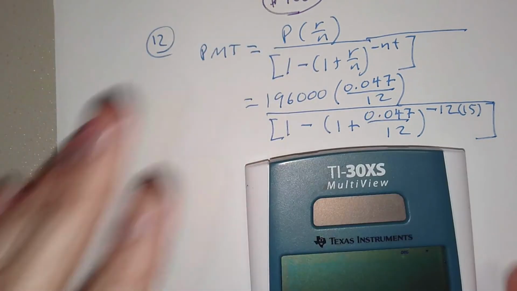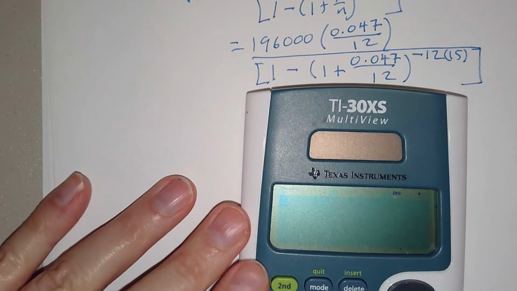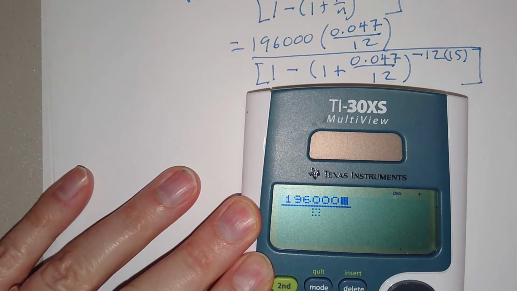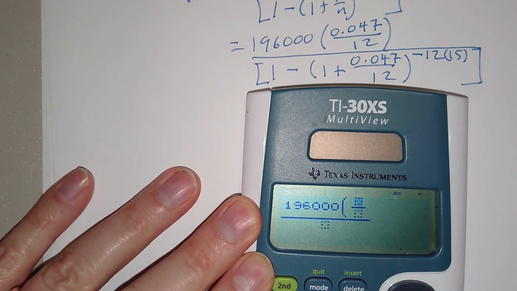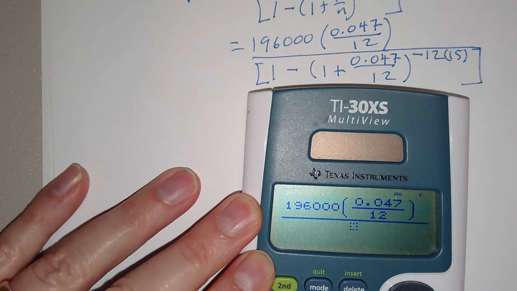Now let me drop it down here. All right, so we have a fraction key, 196,000, parentheses, fraction key, 0.047, down arrow 12, right arrow, close it out.